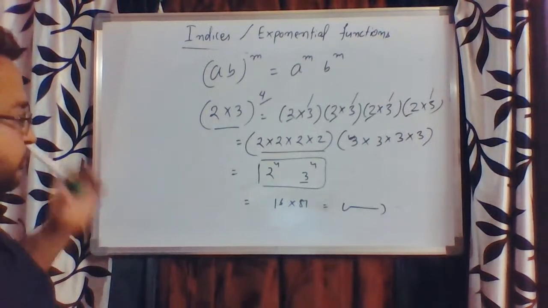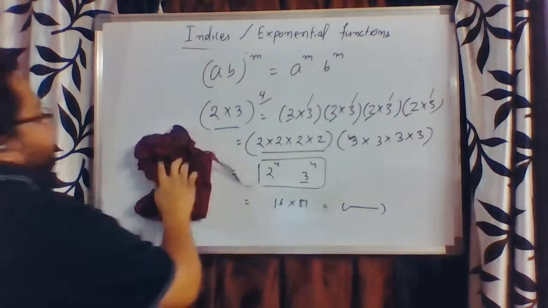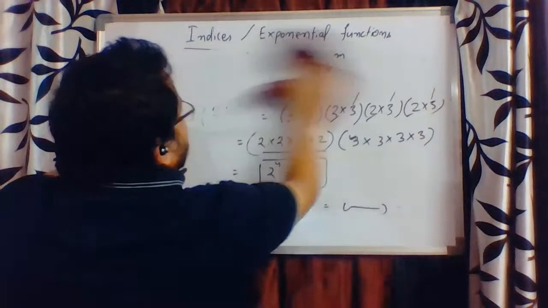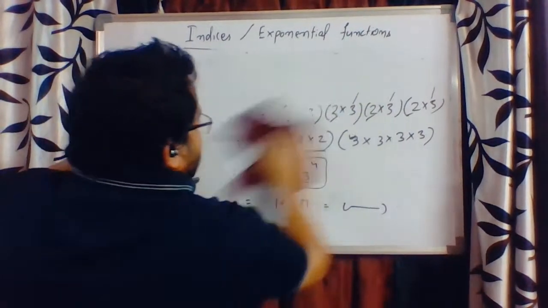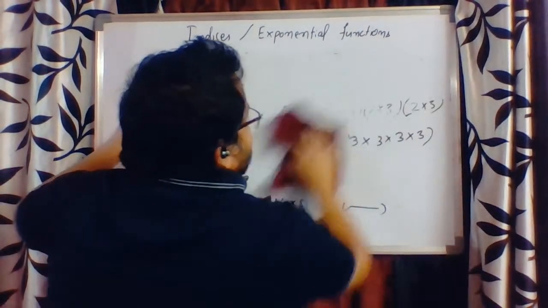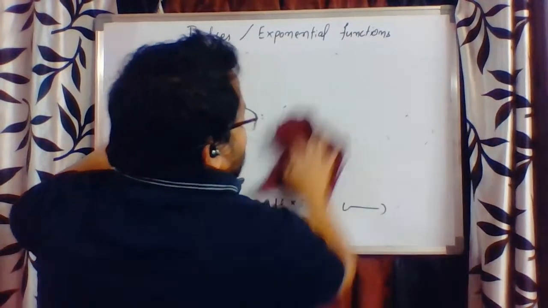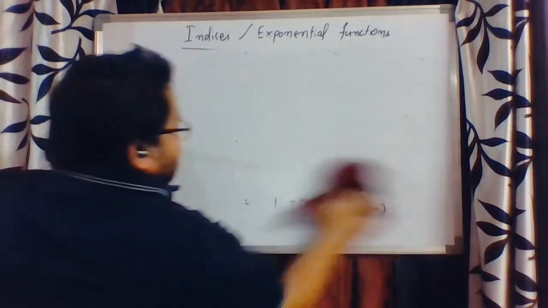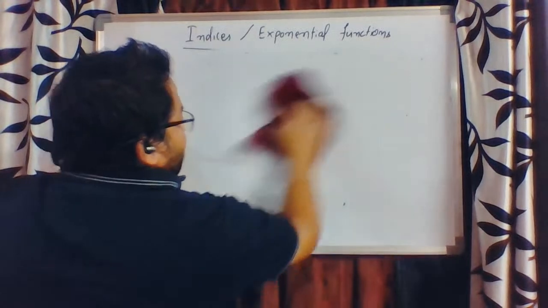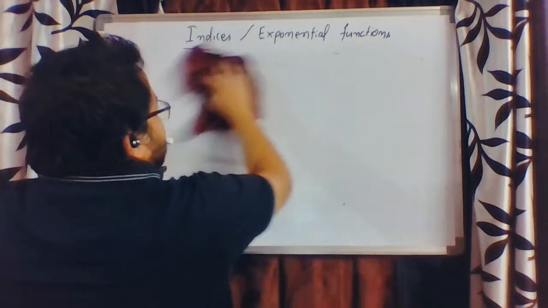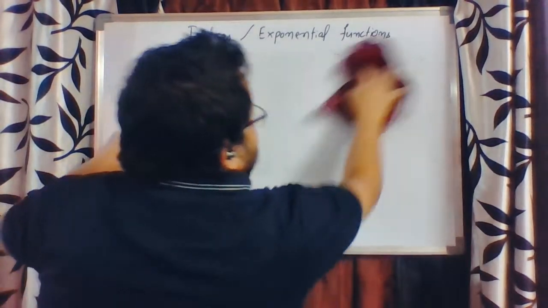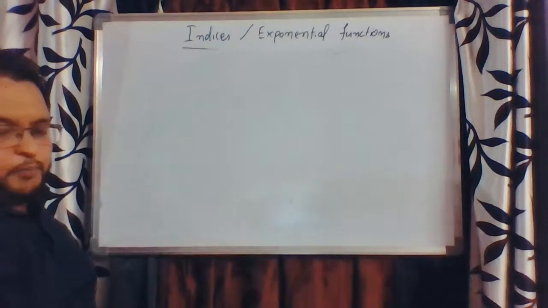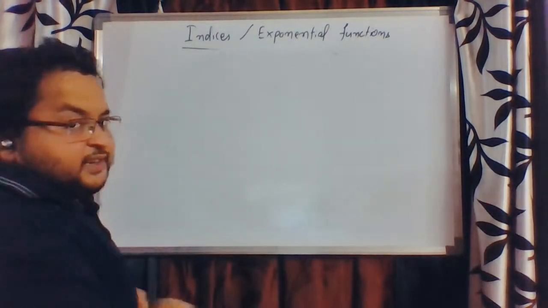Very good. Now let us go into the next one, and that is where we would end our today's class. That particular thing we would use extensively in our problem solving on indices in our next lecture.